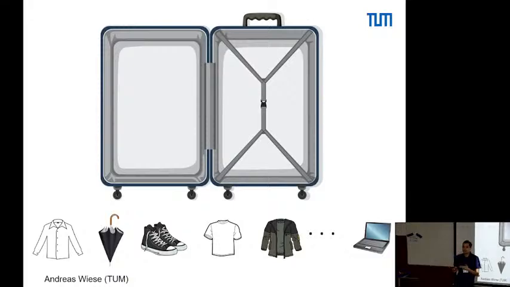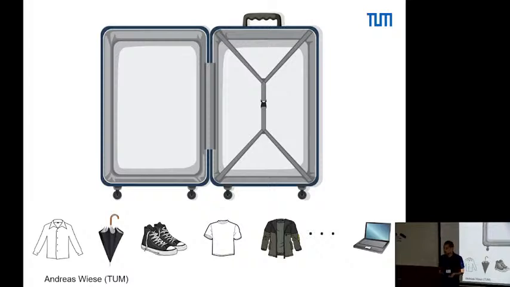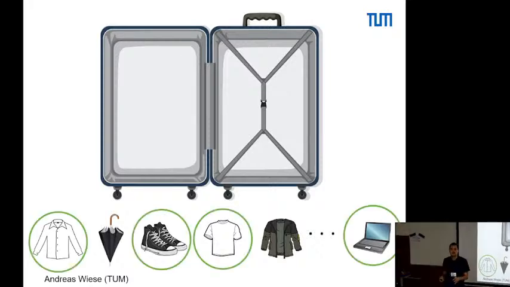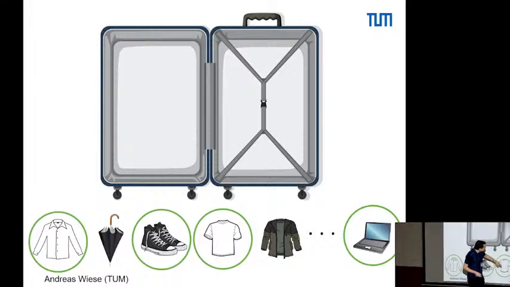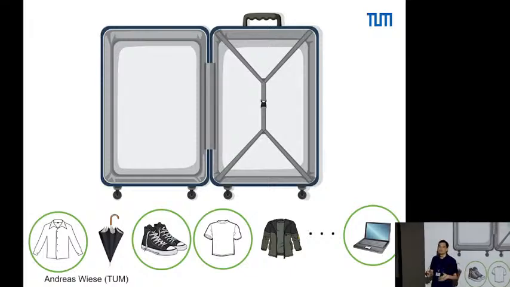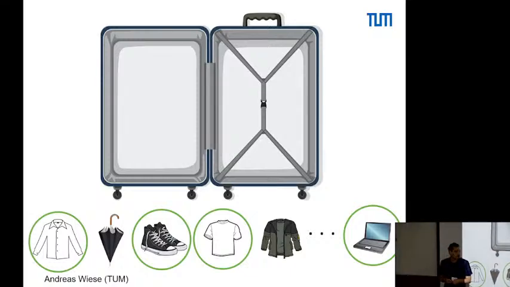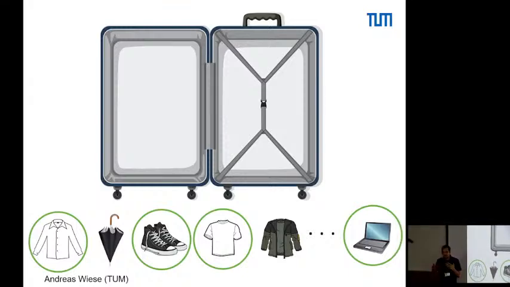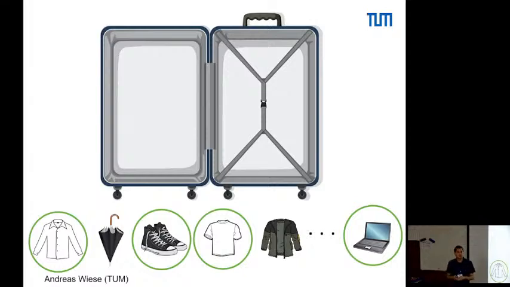And the goal that you solved is you selected a subset of the items with the hard constraint that these items must fit into your suitcase, and the objective is to maximize the total utility of the items that you take with you on your trip here to Bangalore. So for example, you probably left at home this very thick jacket here, given that we have these very nice temperatures. You might regret that you didn't bring your umbrella because tomorrow it's going to rain, but other than that, you optimized the utility of these items that you picked.